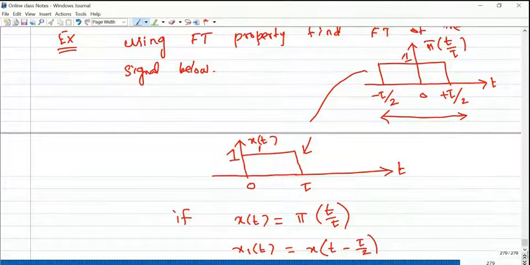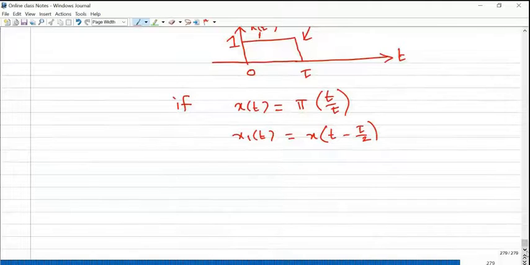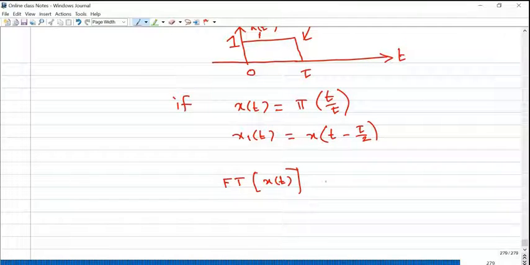Right? So now apply the time shifting property. The Fourier transform of x of t, that is pi of t by tau, the result is tau sinc of omega tau by 2.